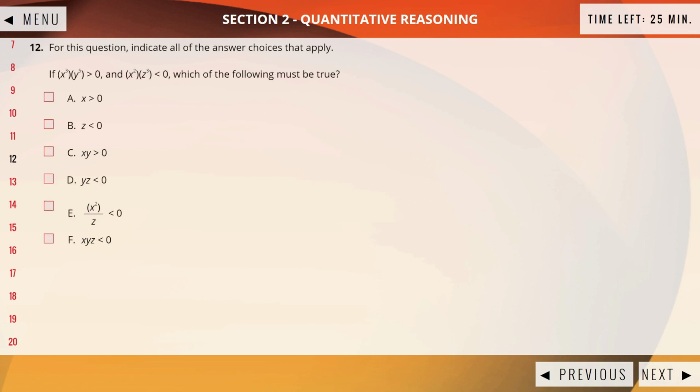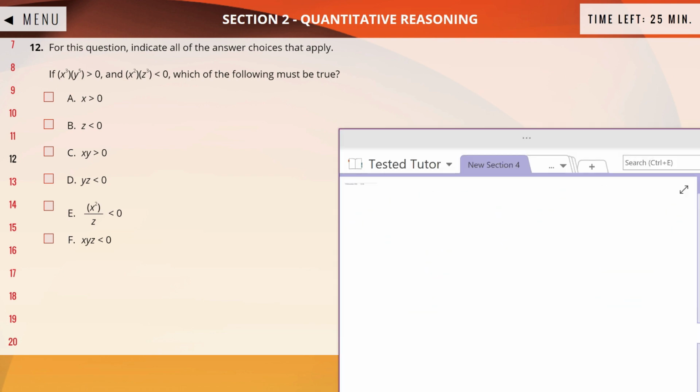For this question, indicate all the answer choices that apply. Which of the following must be true? When you have an odd power, you keep your sign. So if x cubed y to the 5 is greater than 0, it must be positive, positive for x and y, or negative, negative. That's the only possibility. But for the x squared one, it doesn't keep its sign.